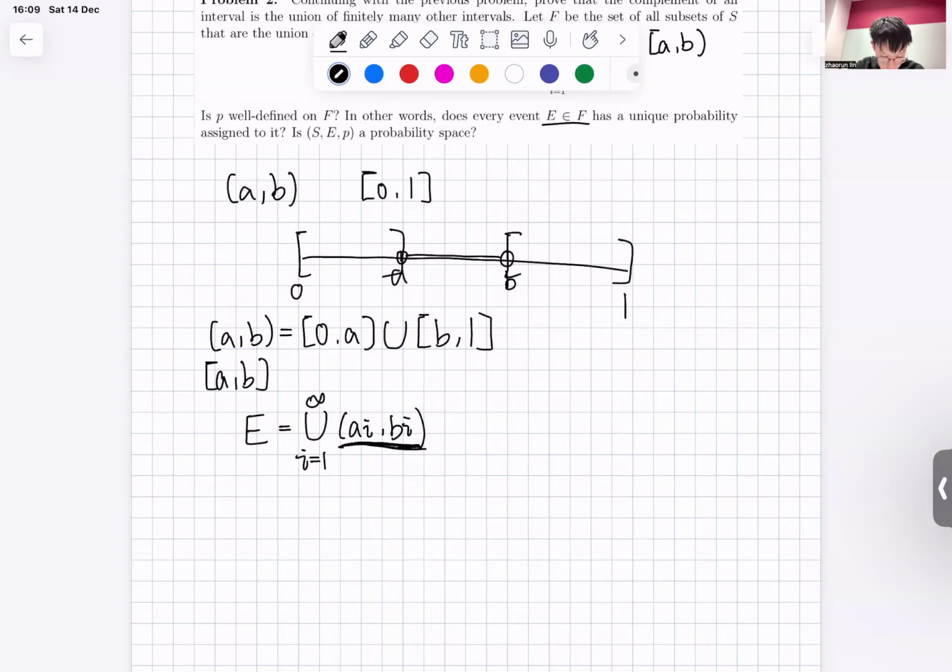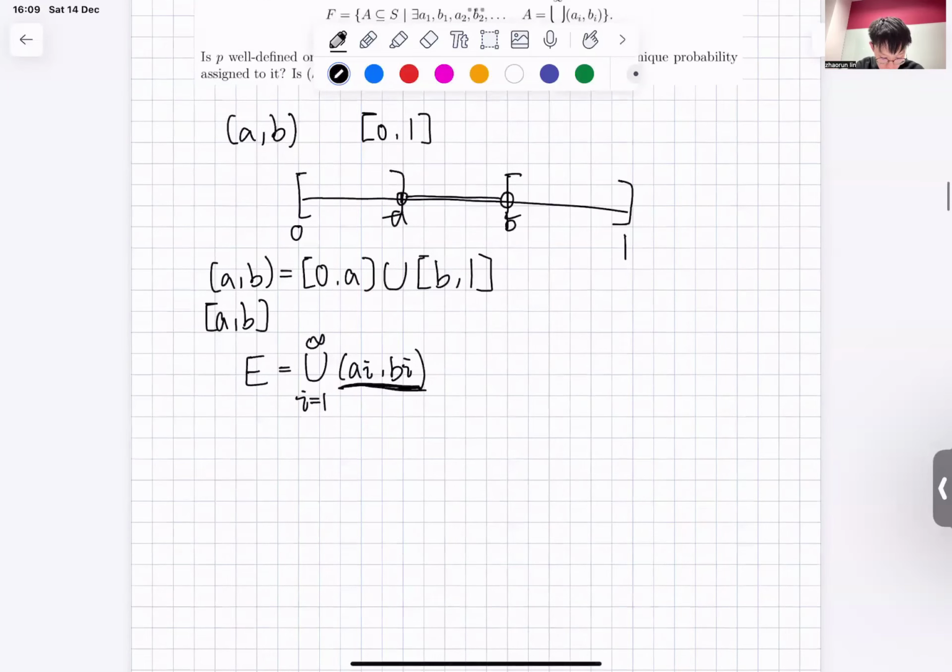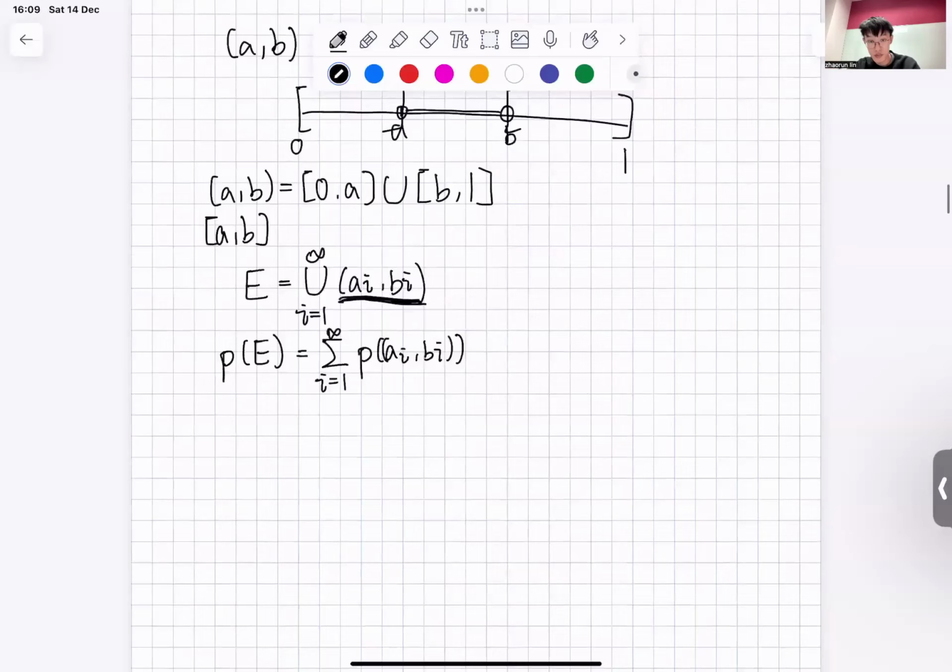Every event is a union of intervals (A_i, B_i), with i going to infinity. So this is the definition of an event. And the probability of the event is the sum of the probabilities of every such interval.